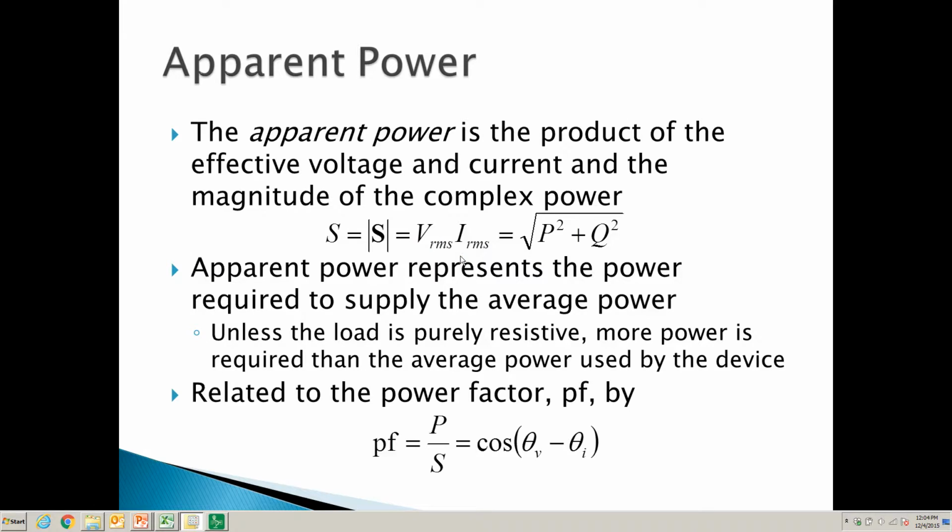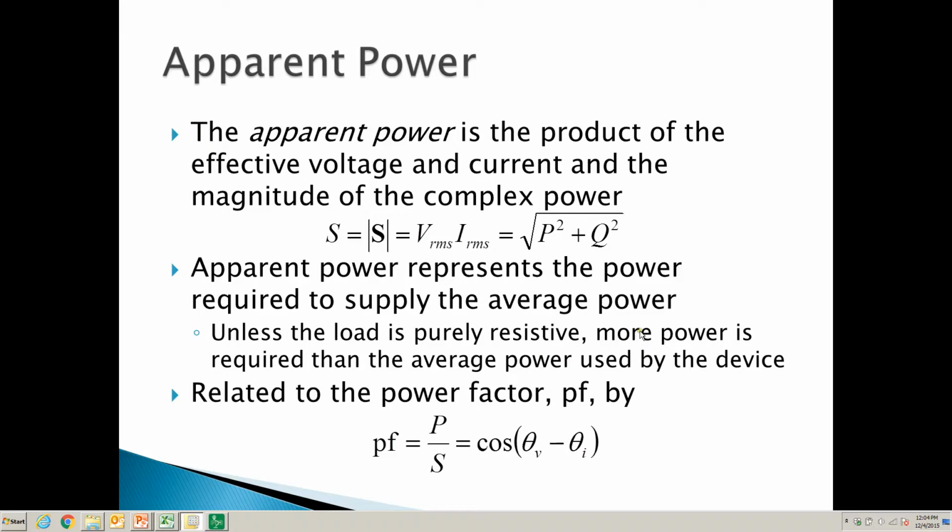This is in watts, and the apparent power represents the amount of power that is required to supply the average power that we're seeing that's being dissipated by an element within the circuit. So where this comes about is that unless a load is purely resistive, more power is required than the average power dissipated by the device.